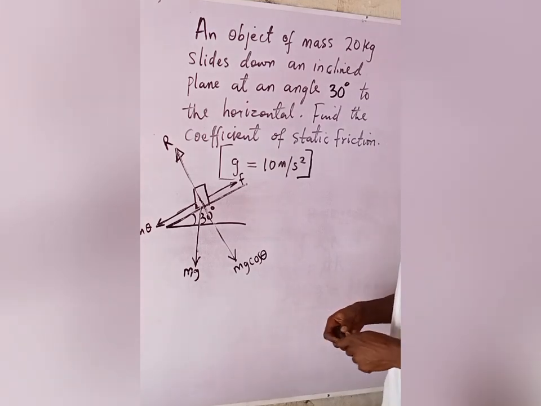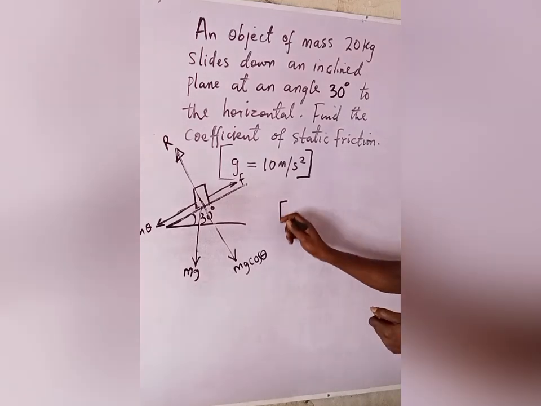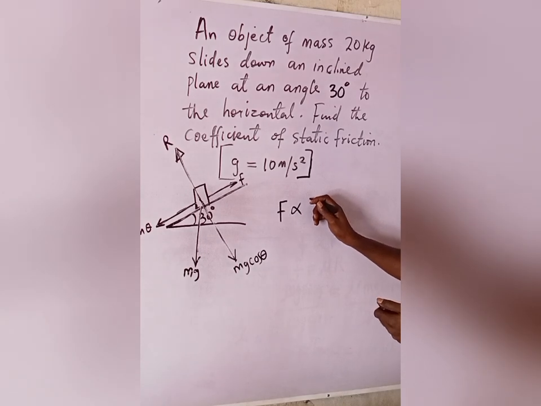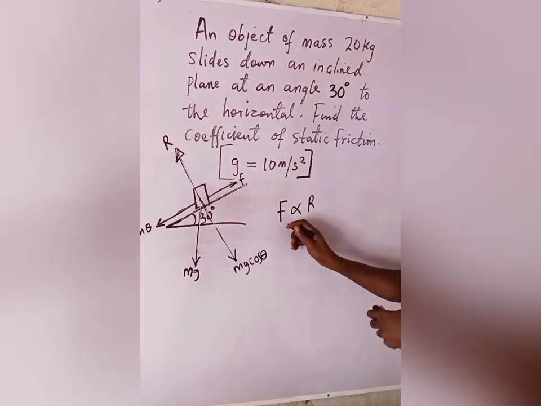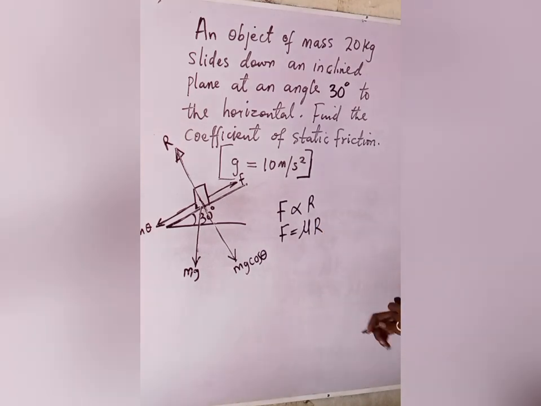All right, so using the laws of friction, you know that the frictional force is directly proportional to the normal reaction. And then frictional force F is equal to the coefficient of static friction multiplied by the normal reaction.